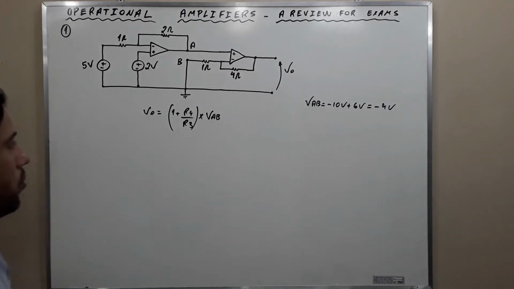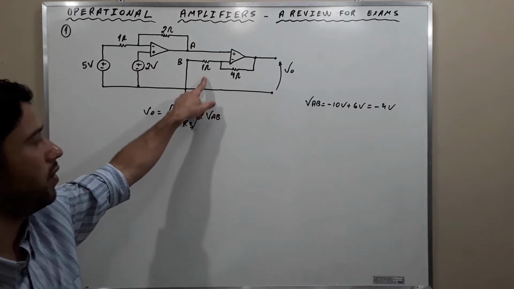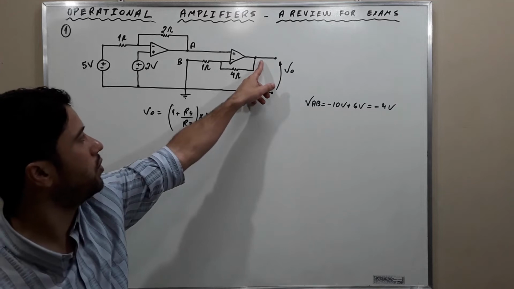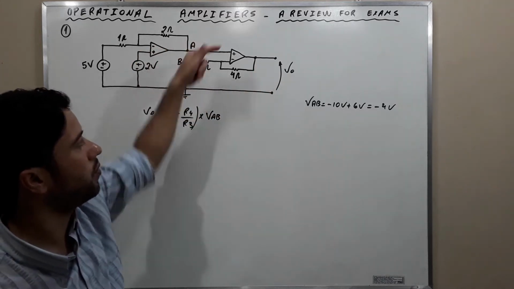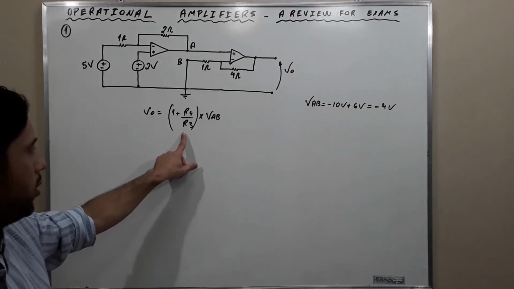And here we are considering that this is R4 and this is R3, okay? When we have such a configuration, okay, to ground here and the signal entering through the non-inverting terminal, then we have this kind of gain here.